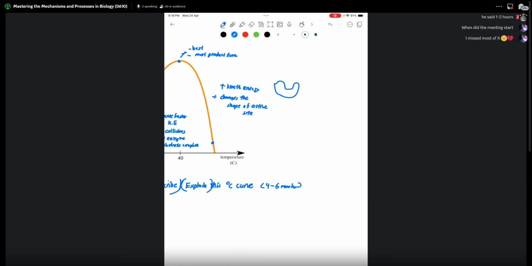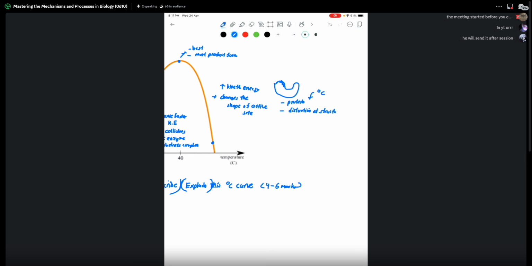Basically, when the temperature is too high, this thing will start to shake and vibrate too much, and then it will begin to change shape because of the protein structure. Enzyme is a protein. Remember, enzyme is a protein. So when temperature affects it, it will cause the distortion of the structure.